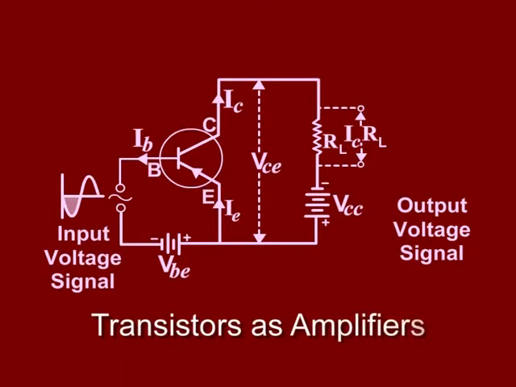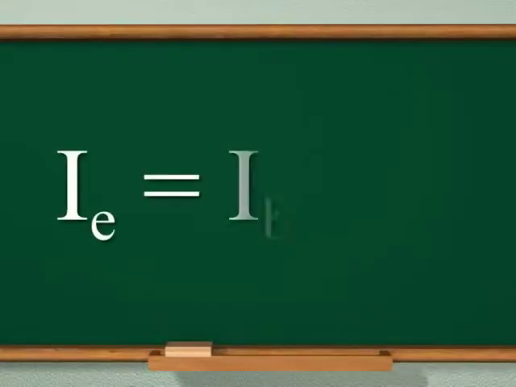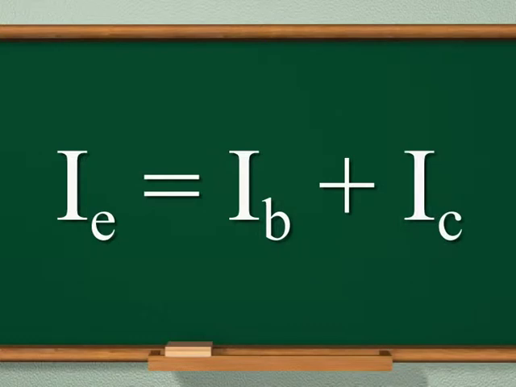For transistors as amplifiers, if IE, IB and IC are its emitter current, base current and collector current respectively, then according to Kirchhoff's law, IE is equal to IB plus IC.